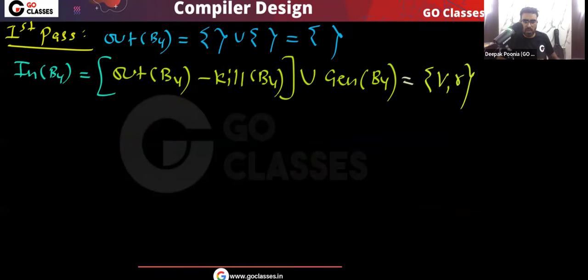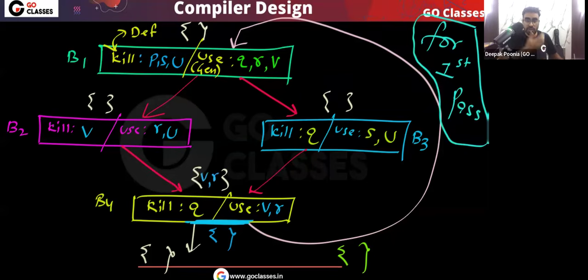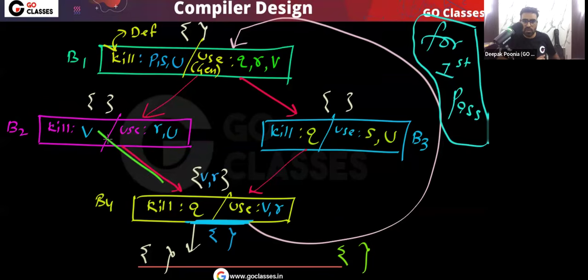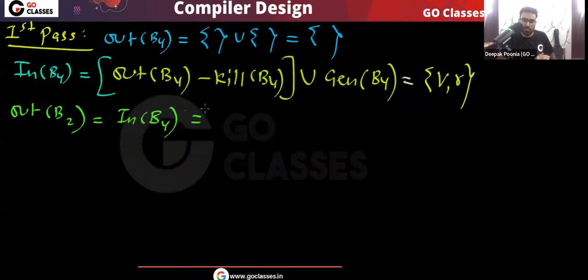After in of B4, we need to find out of B2 and out of B3. Notice that for B2 there is only one successor, that is B4. So out of B2 will be the same as in of B4, and that is VR.